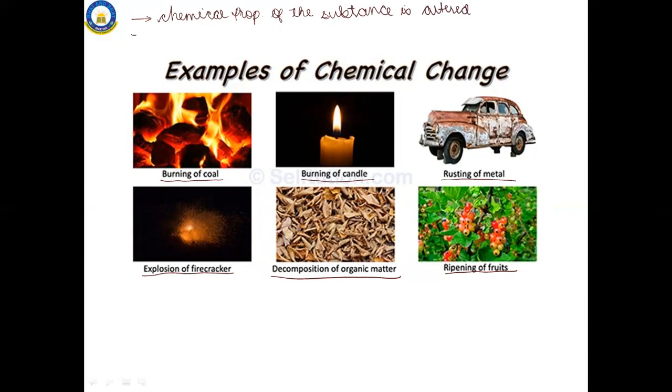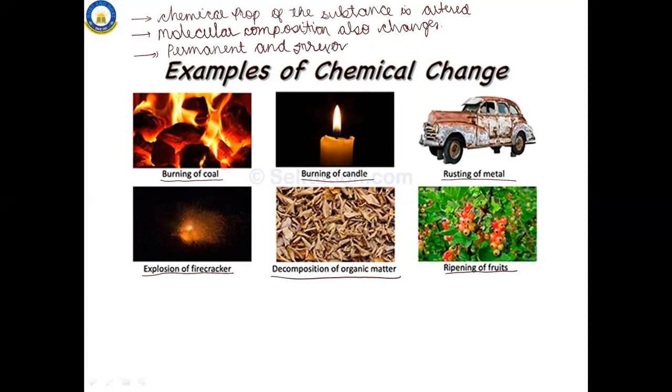And what else changes? The molecular composition also changes, and chemical changes are generally permanent and irreversible. These are the main characteristics of chemical change, and below they have given examples of chemical change.